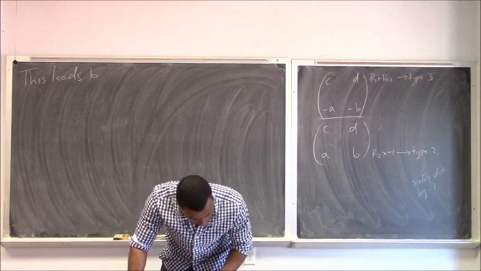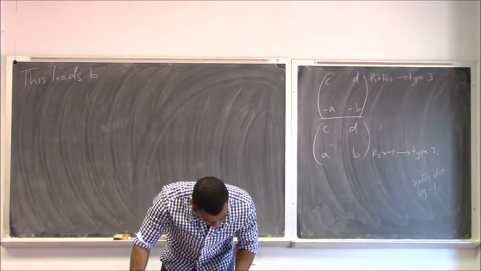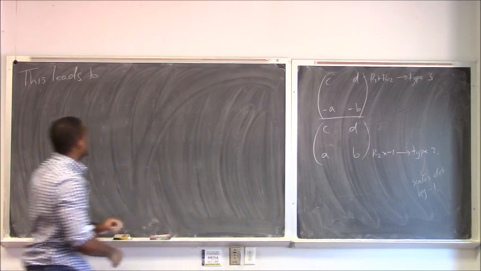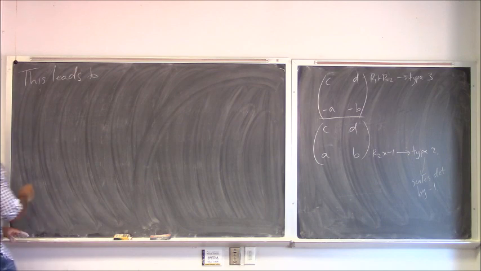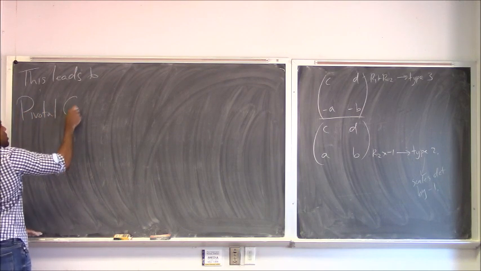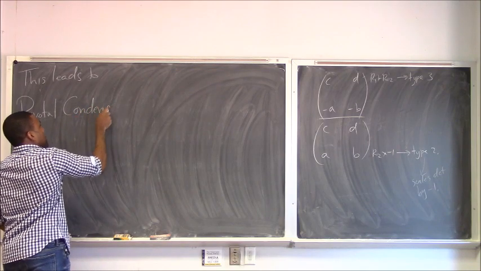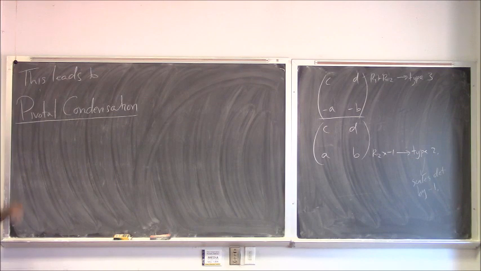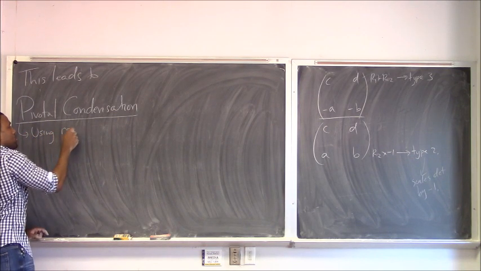I don't think so. Let me double check. No. Okay. So this leads to a method that we call pivotal condensation. Basically, using row operations to compute a determinant.